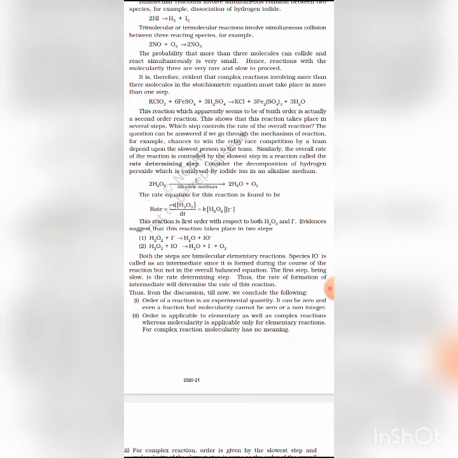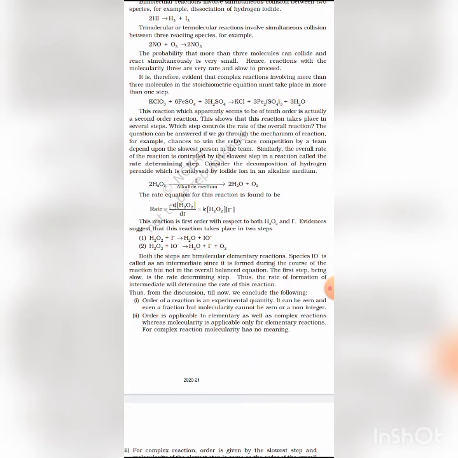Zero order reactions generally occur in a heterogeneous system, wherein the reactant is adsorbed on the surface of a solid catalyst and converted into product. The fraction of the catalyst surface covered by a reactant is proportional to its concentration at low values, and the rate of reaction is of the first order.